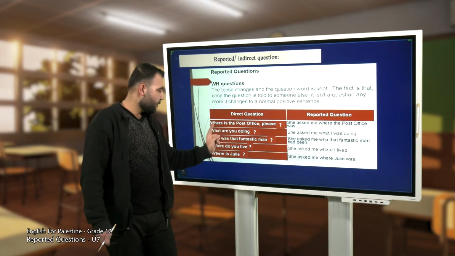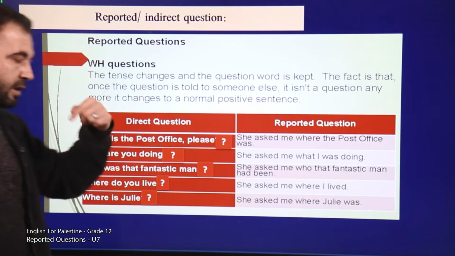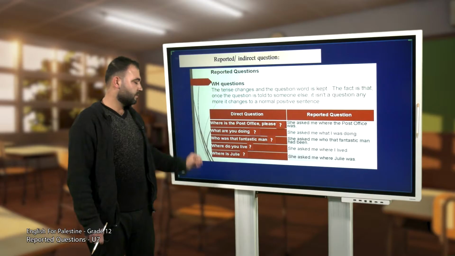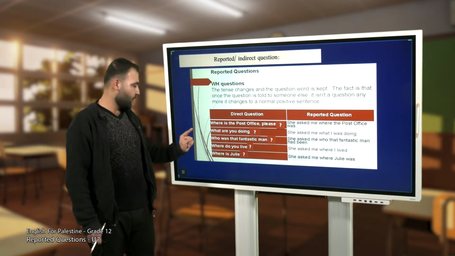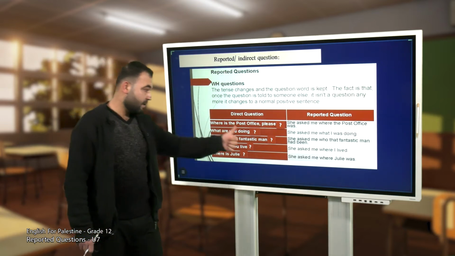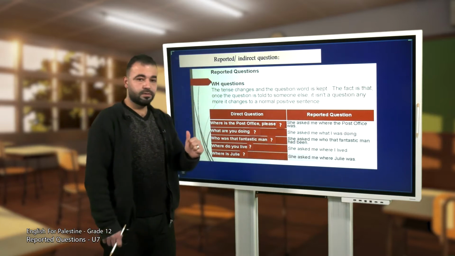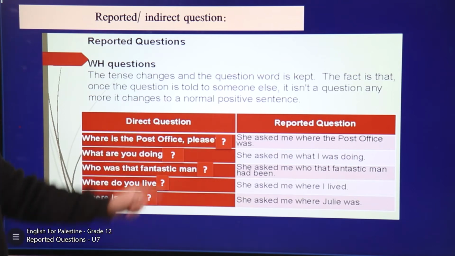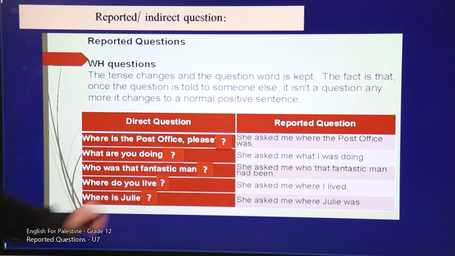So the present continuous is reported into the past continuous tense. Number 3: Who was that fantastic man? She asked me who that fantastic man had been, the past form of was.